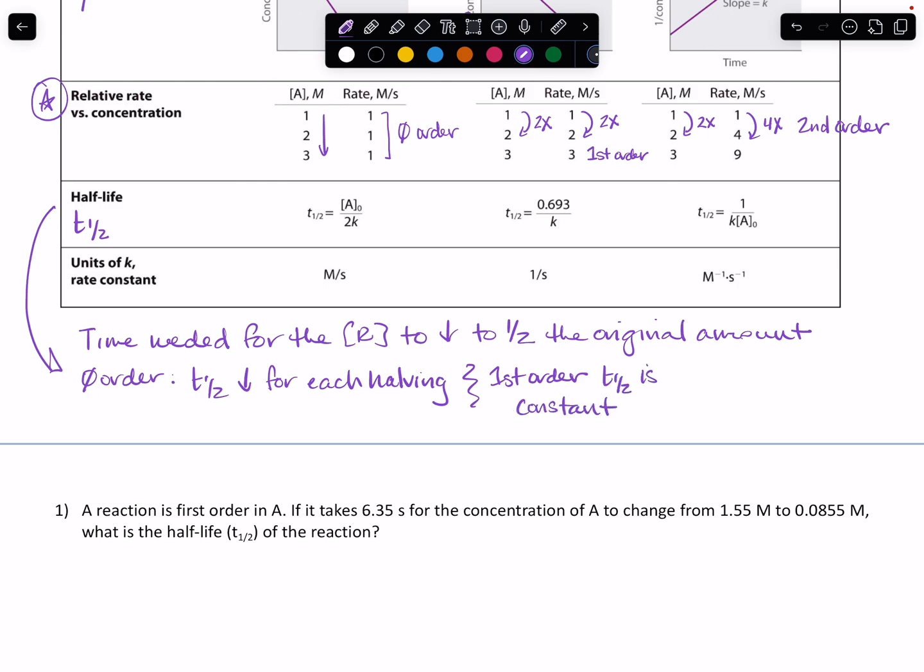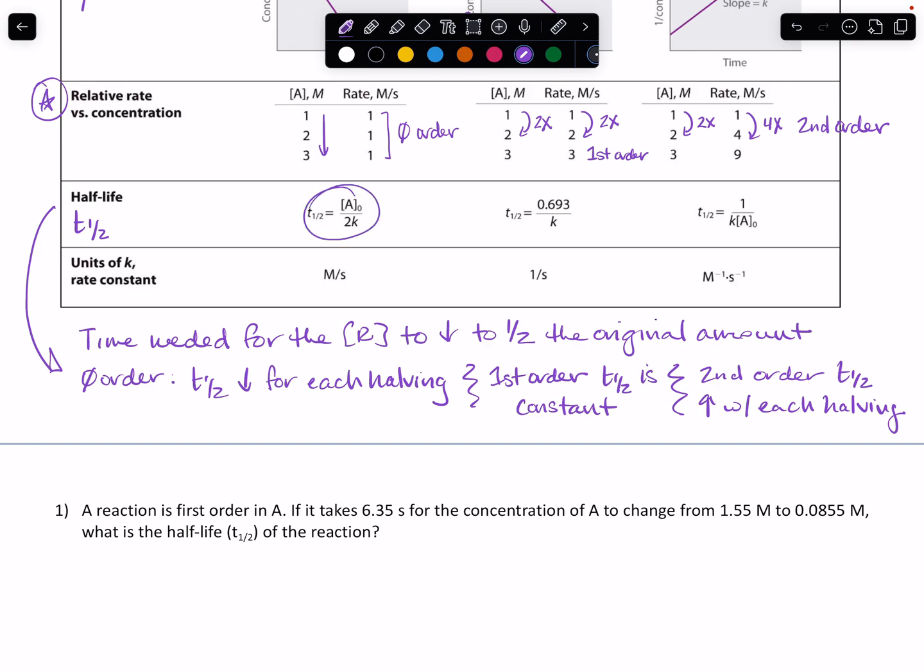So it doesn't matter which half-life you're talking about, the time it takes to get to the next one is the same. And then finally, second order, your T1/2 will increase with each halving.